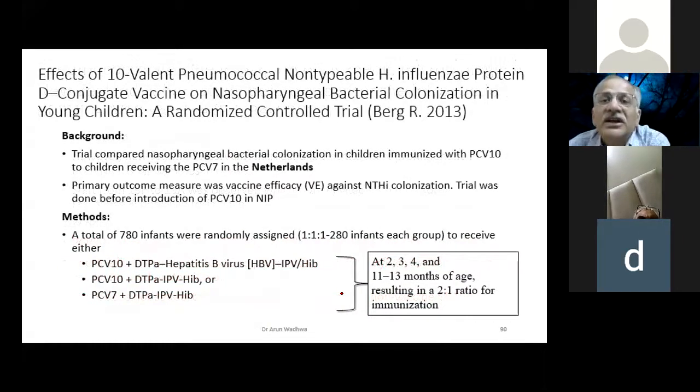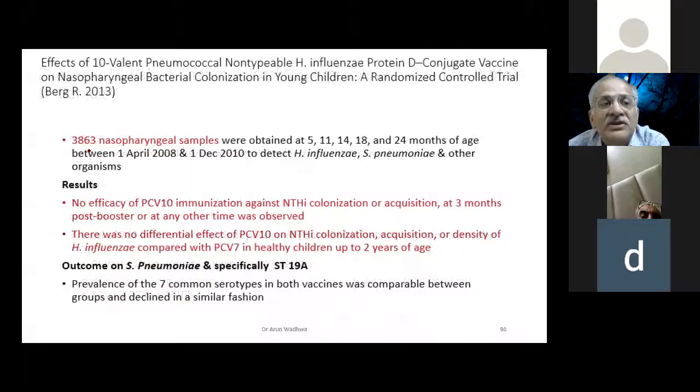There is another study in the Netherlands, with 3,863 children. They found no efficacy of PCV10 immunization against NTHI colonization or acquisition at 3 months post-booster. There was no differential effect of PCV10 on NTHI colonization, acquisition or density of H. influenzae as compared to PCV7 in healthy children up to 7 years of age.